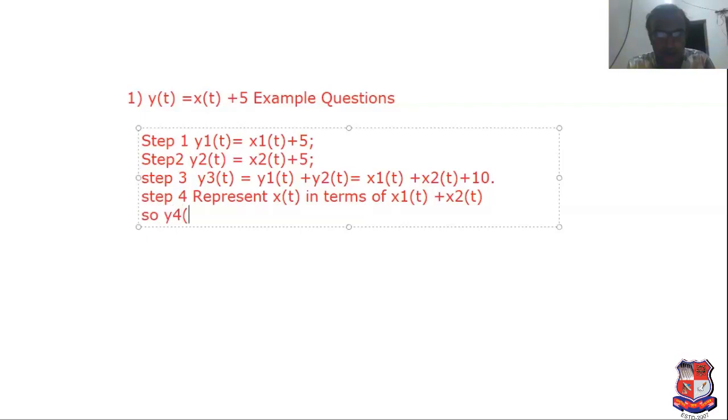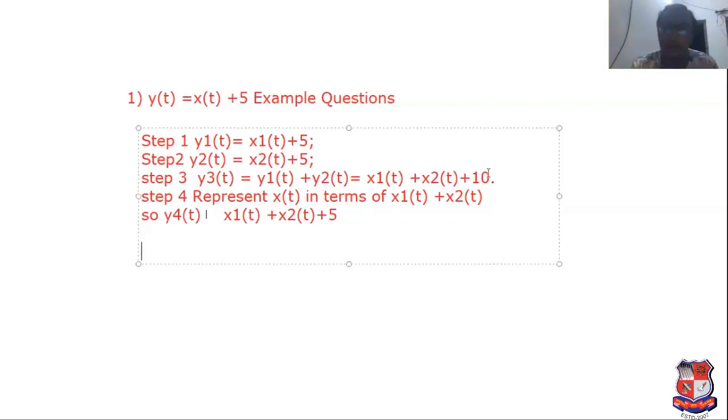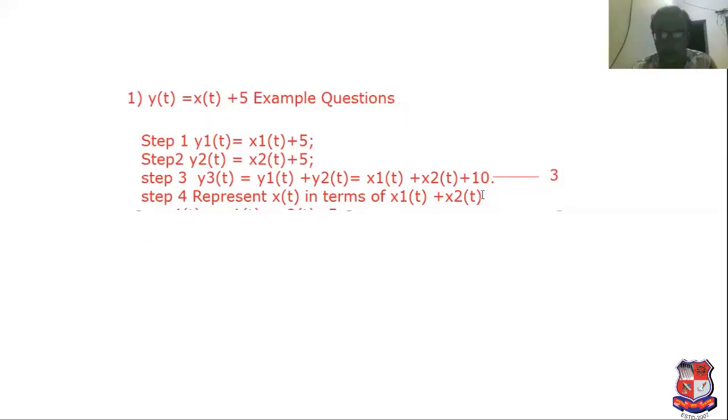So y4 of t equals x of t, replace x of t with x1 of t plus x2 of t, plus 5. See this very carefully. Now compare equation 3 and equation 4.